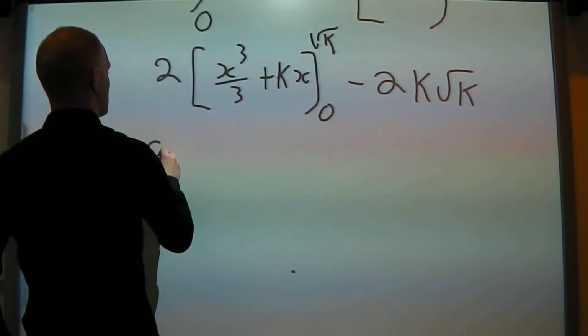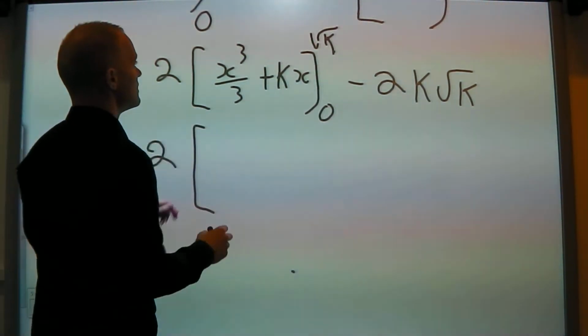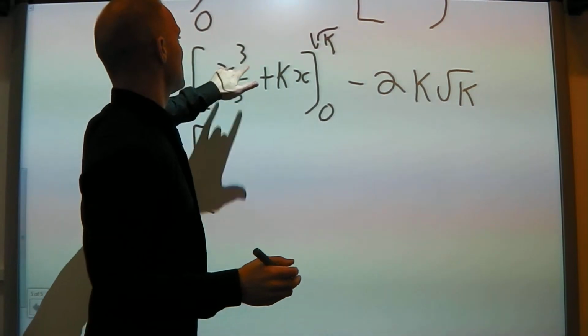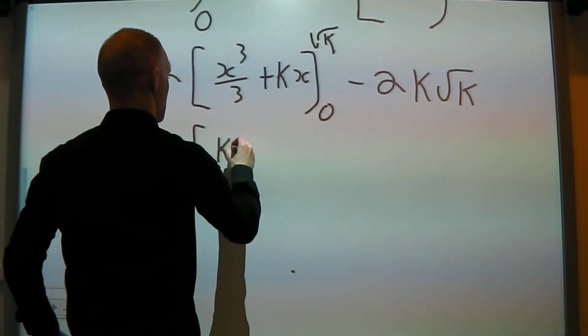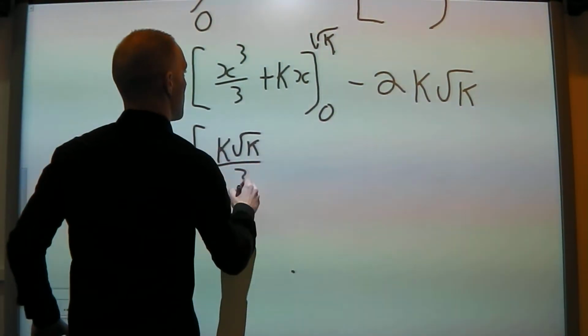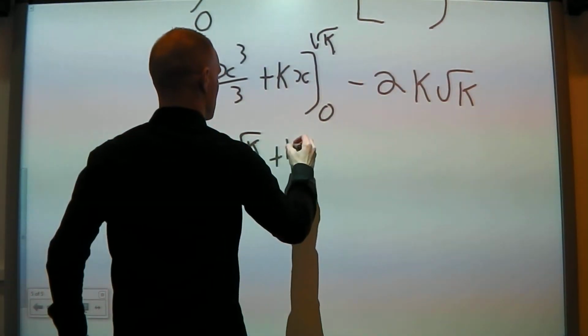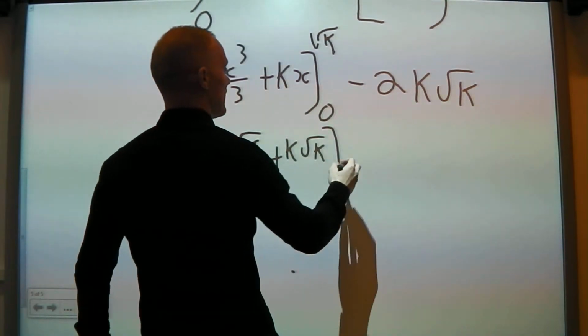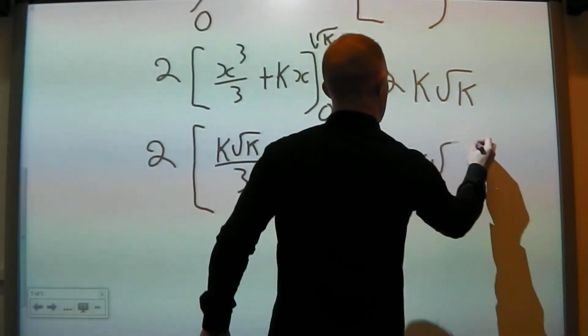So we fill in here: that's equal to 2 times, root k cubed is k root k, so k root k over 3 plus k root k. And that's minus 0, don't forget, minus 2k root k.